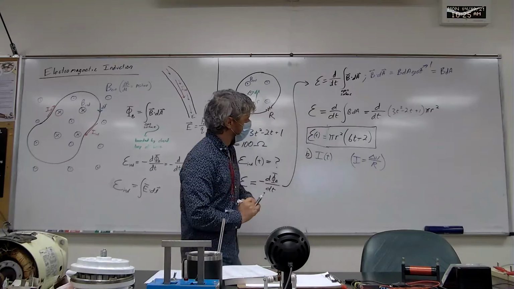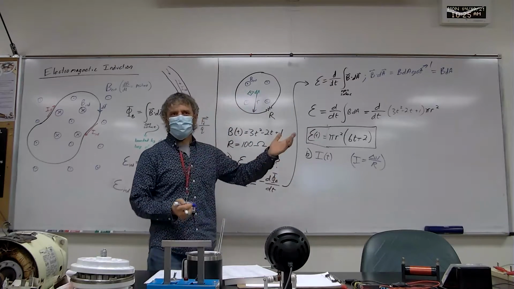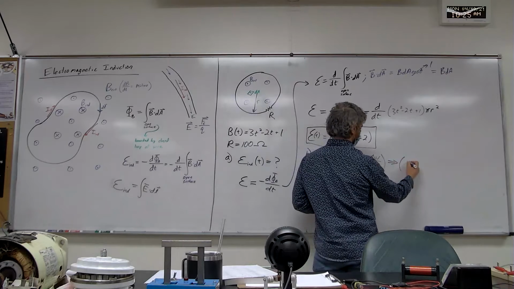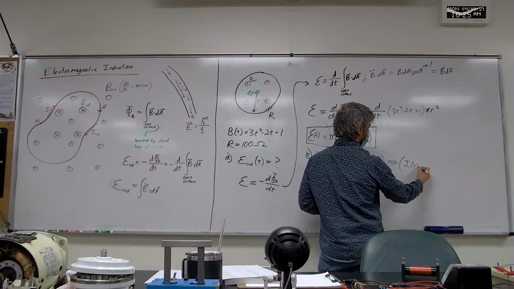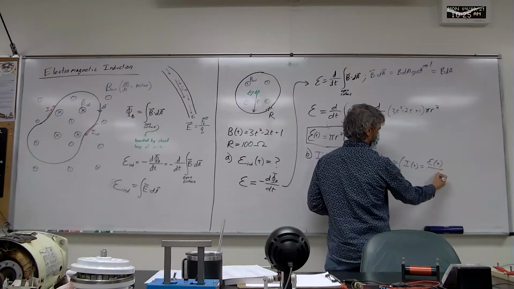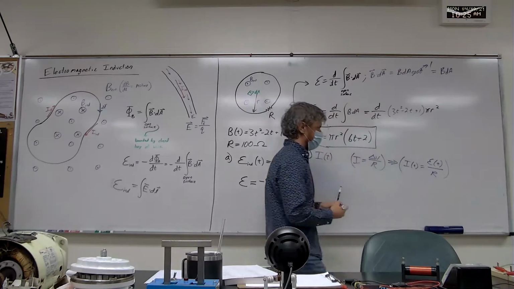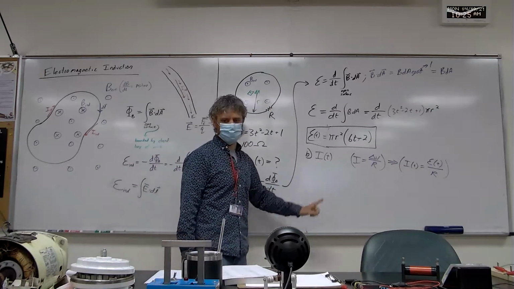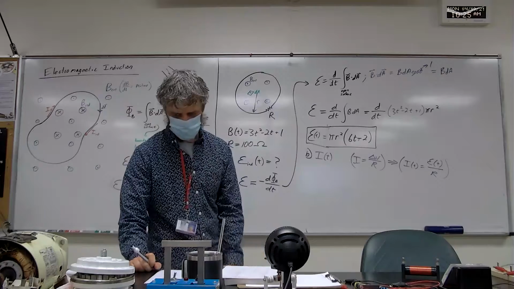Well, potential difference is just the voltage driving the circuit. So in this case, my current as a function of time is going to be the induced voltage as a function of time divided by the resistance R. And that gives us a real easy way to determine an expression for the electric current.